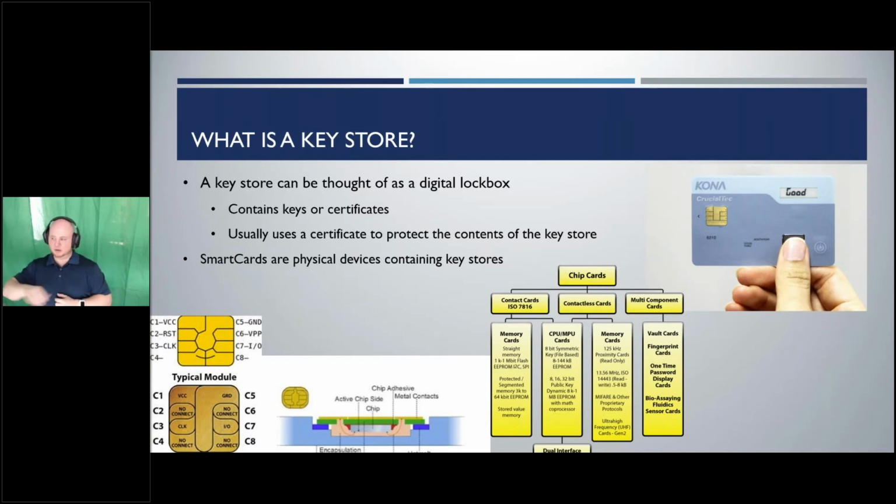The images here show the ways to interface with the integrated circuit that makes up a smart card and get at the key store. You'll see the pinouts on there, and how it's actually designed, which is kind of cool. There are a lot of different functions and features as part of those smart cards.